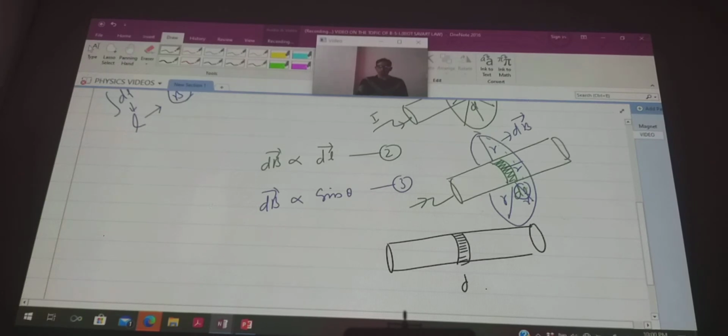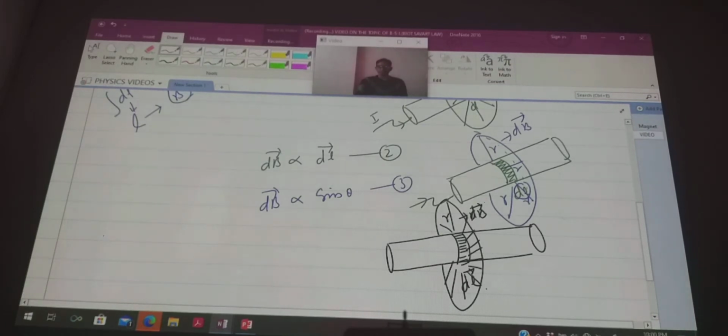Then its magnetic field is dB, at a distance r, all around the conductor element dl, perpendicular to the dl length.